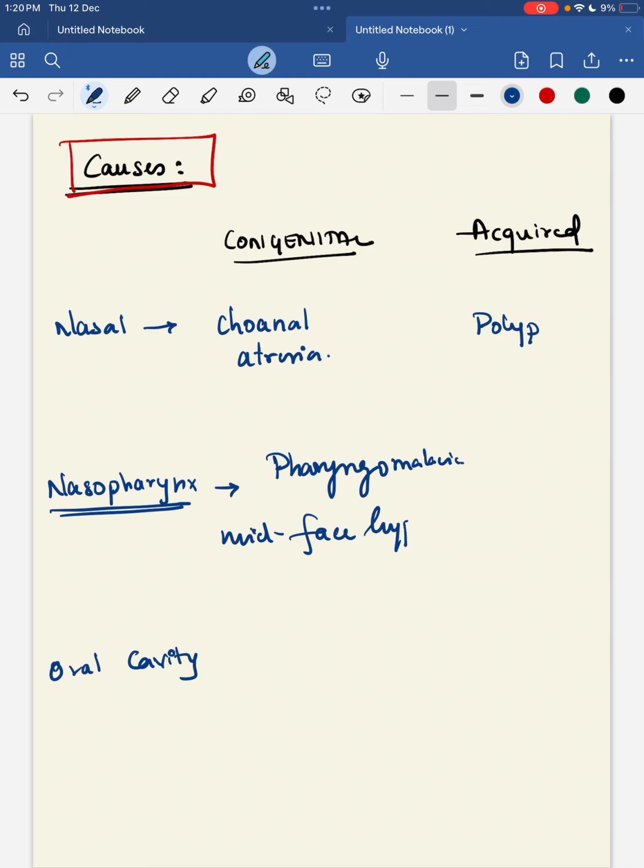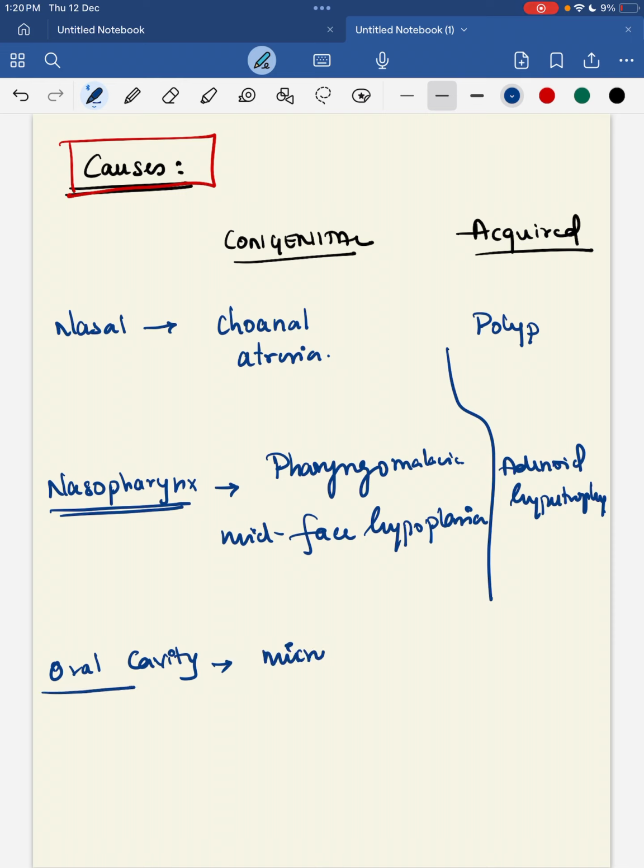Coming to the oral cavity, the congenital cause can be micrognathia or macroglossia. There are many congenital reasons due to syndromes. Mid-face defects can also lead to stridor in a child.